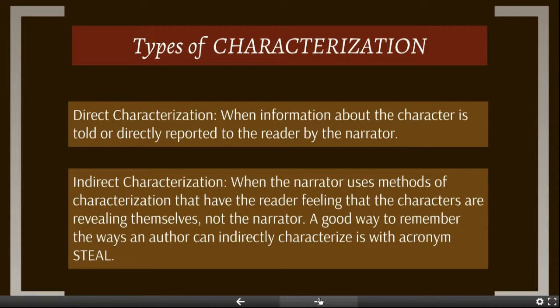It's when the character reveals something about themselves. It's when the narrator uses methods of characterization that have the reader feeling that the characters are revealing themselves, not the narrator. A good way to remember the 5 ways an author most commonly does this is with the acronym STEAL. So we're going to go through each of these, and they're on your notes.